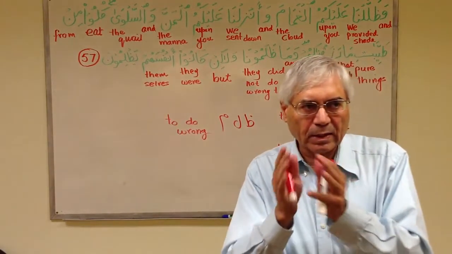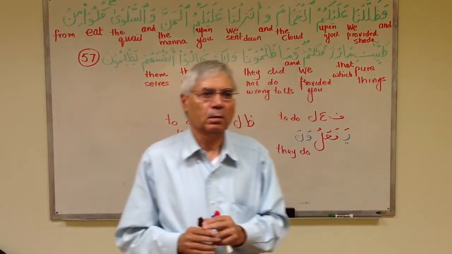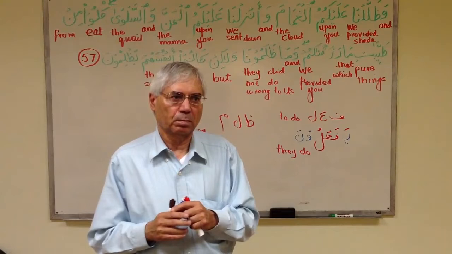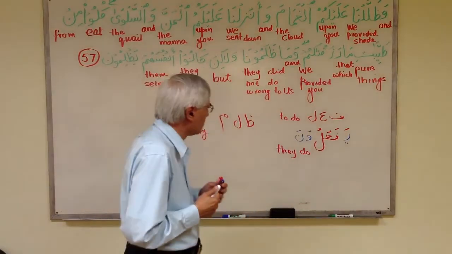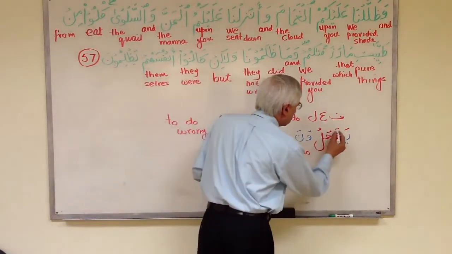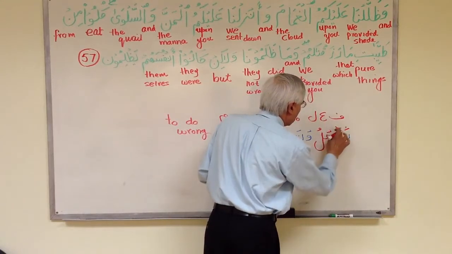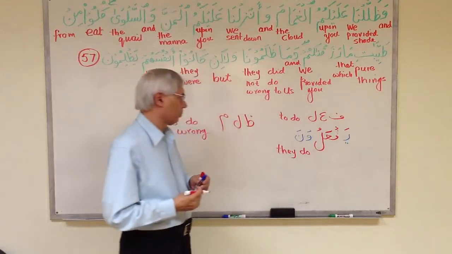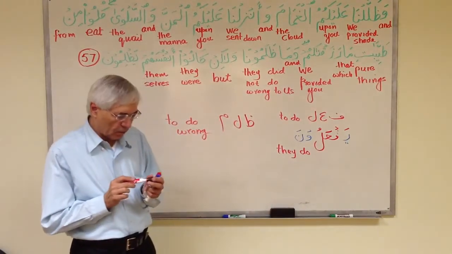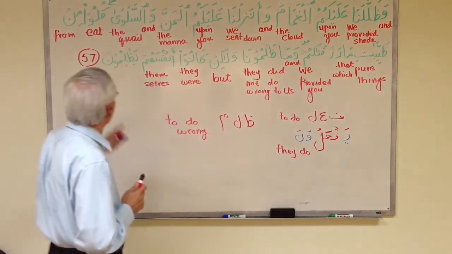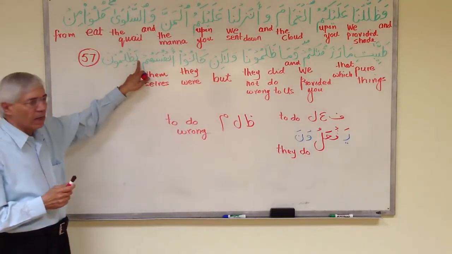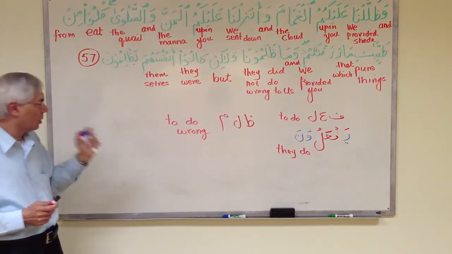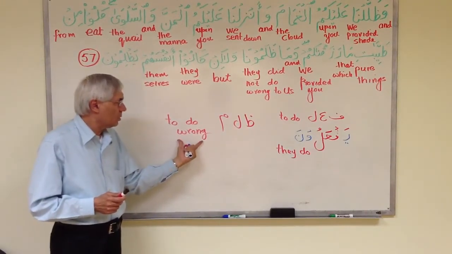Yaf'aluna. These are basic simple grammar rules. When you put a ya in the beginning and una at the end, it becomes present tense, third person, plural. Yaf'aluna. Okay. Here is a ya in the beginning and una at the end. Yazlimuna means they do wrong.